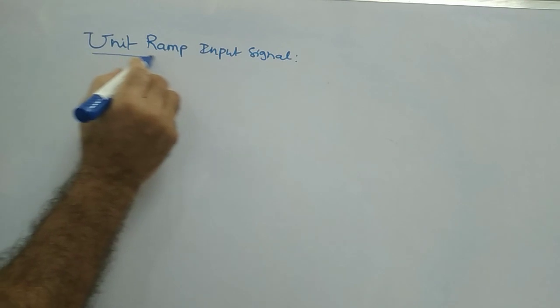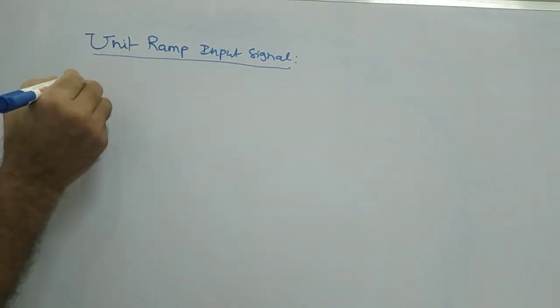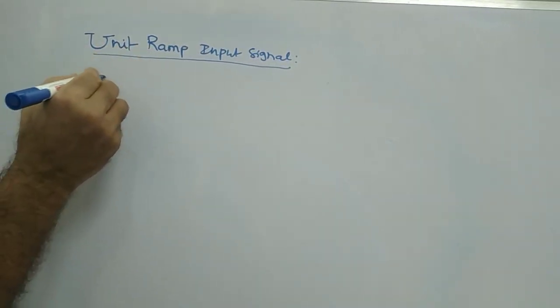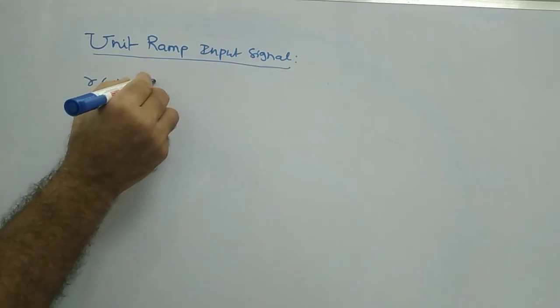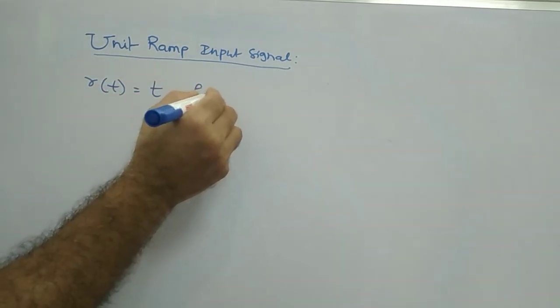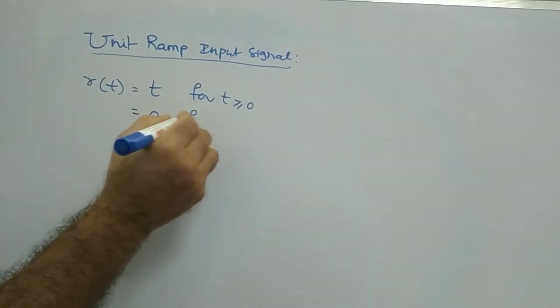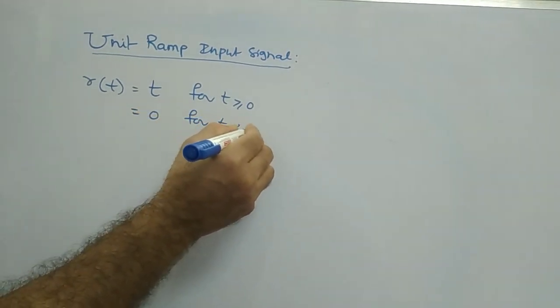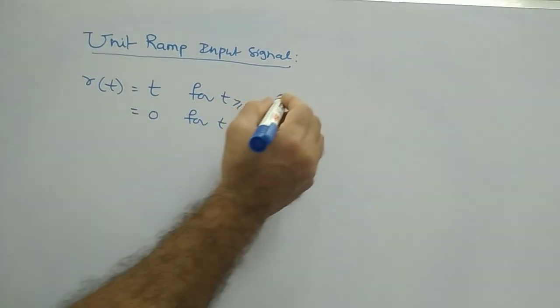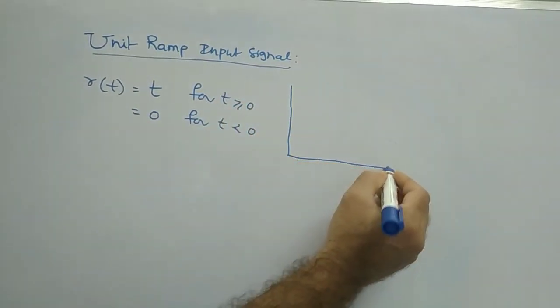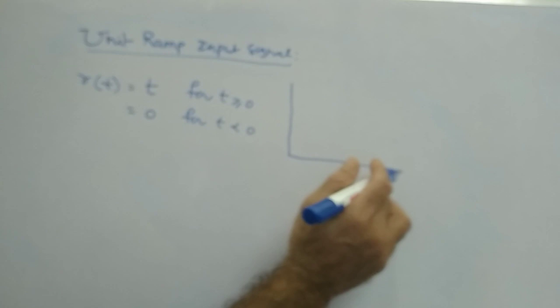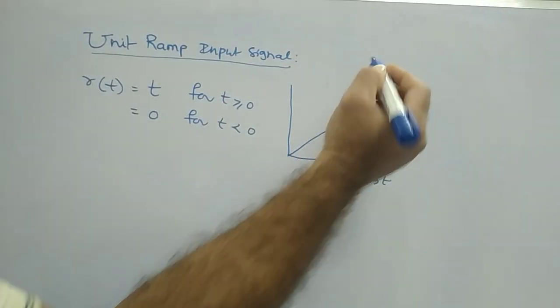What is a unit ramp input signal? Normally, the unit ramp signal is R of t is equal to t for t greater than or equal to 0, and it is 0 for t less than 0. That is the definition of a unit ramp. It looks like this, with t, time, on the axis.